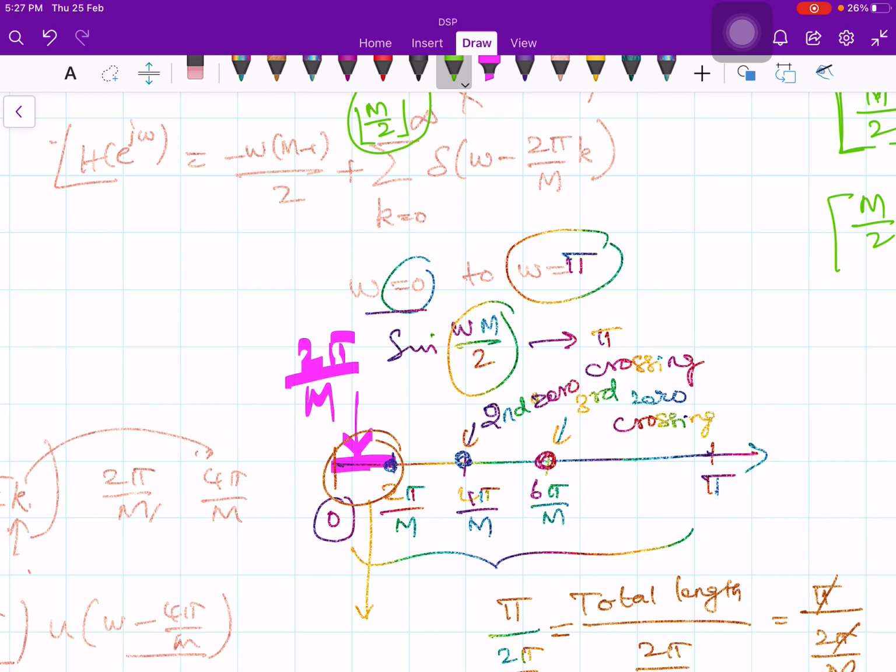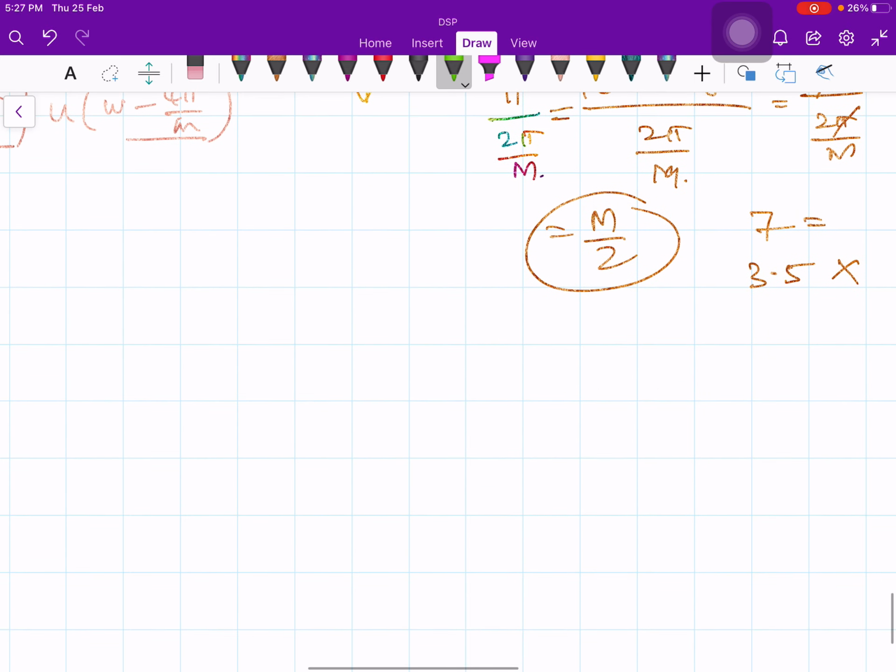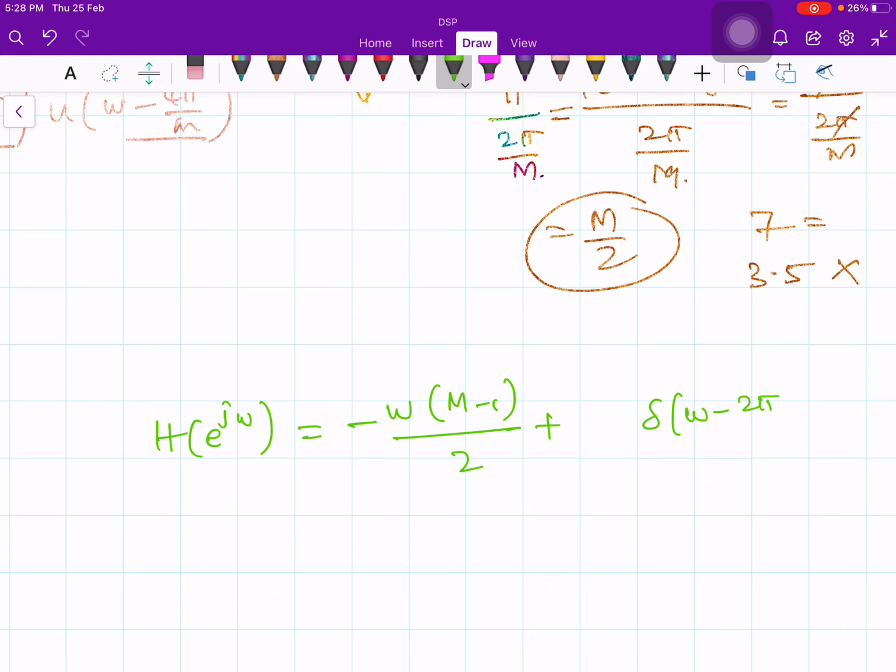I am considering the total length 0 to pi. So therefore, your phase angle of H of e to the j omega is minus omega times capital M minus 1 whole divided by 2 plus delta of omega, minus the zero crossings that occur at 2 pi by m, 4 pi by m, 6 pi by m. Therefore, let me put k here, and you sum up all the phases.